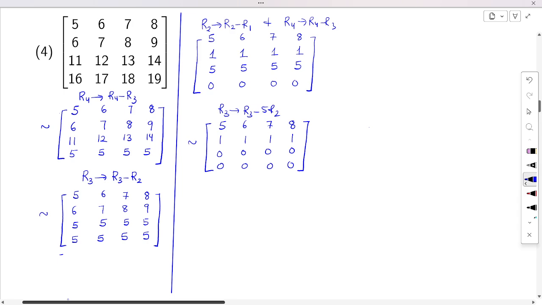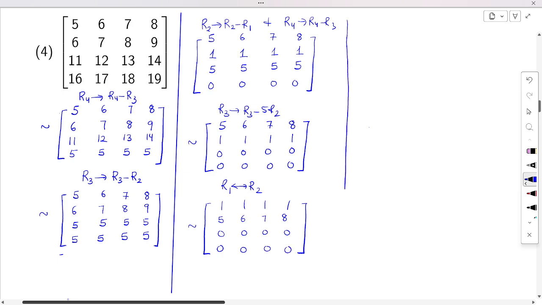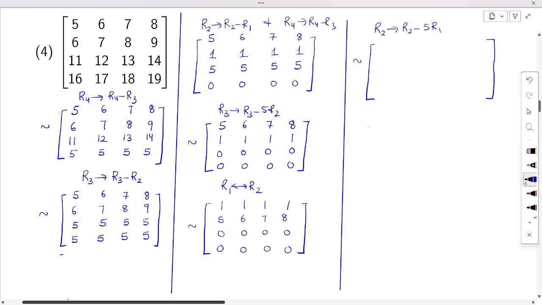Now exchange row 1 and row 2. And apply row 2 minus 5 times row 1. 6 minus 5 is 1, 2, 3.